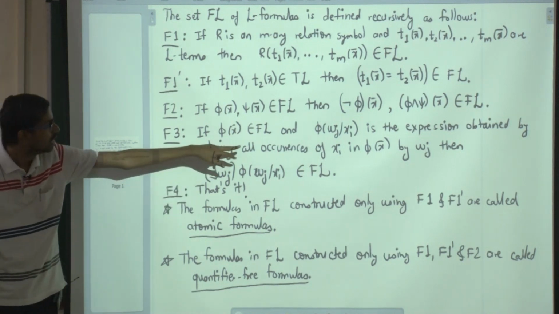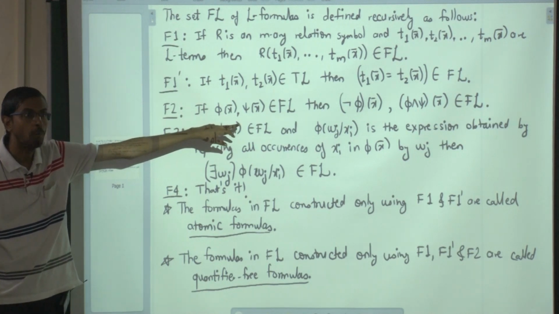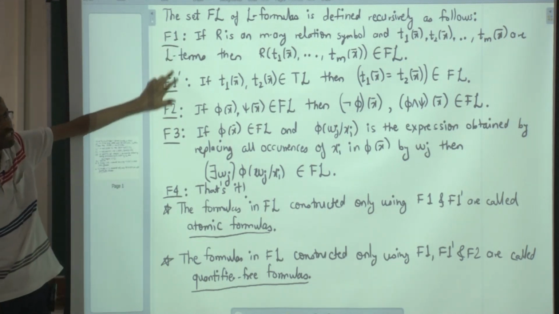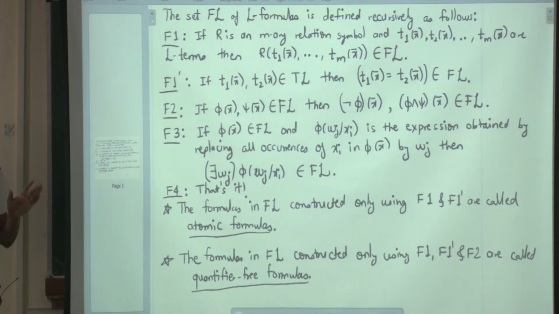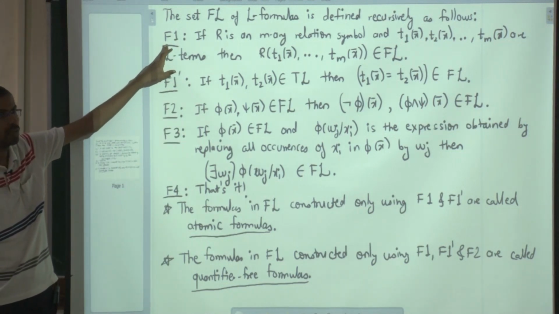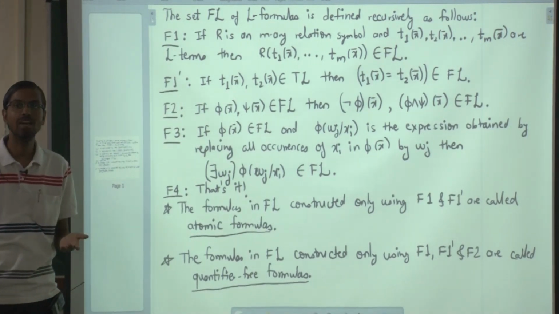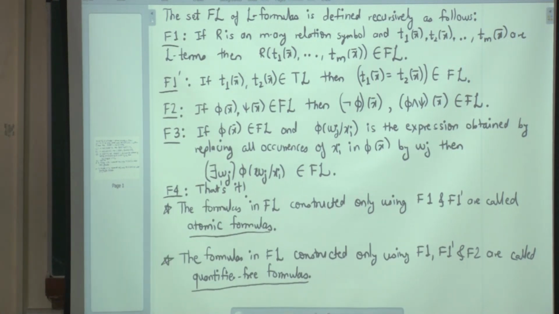Negation phi is obtained from phi, and phi conjunction psi is obtained from phi and psi, so there are subformulas of those expressions, whereas for these two there are no subformulas. That is why they are known as atomic formulas. And an appropriate name for formulas constructed using only F1, F1 prime and F2 is quantifier free formulas.